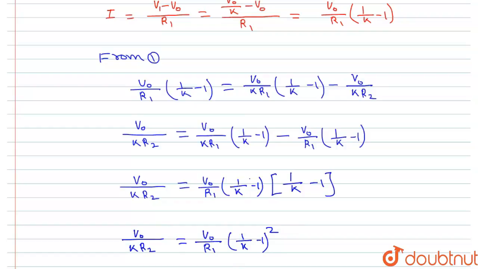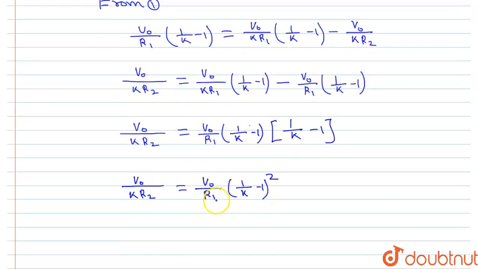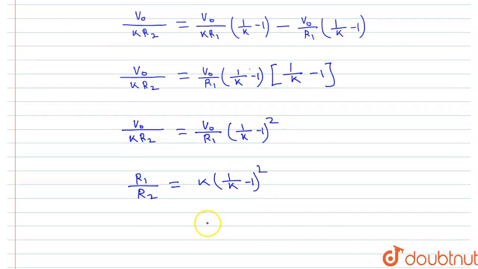Clear? So from here V naught and V naught cancel out to each other. So R1 by R2 is equal to what? We can write K into (1 by K minus 1) whole square. Clear? So this is equal to K into (1 minus K) divided by K whole square.